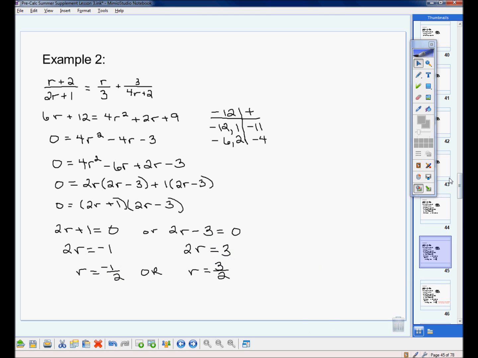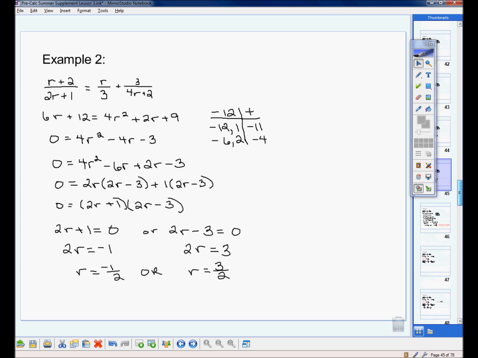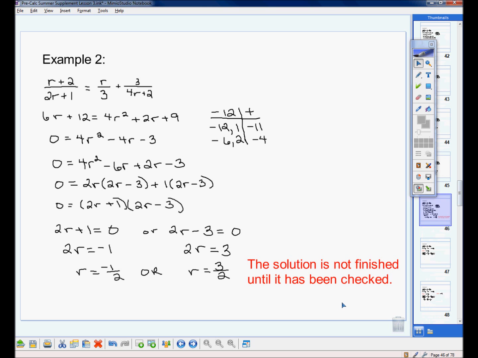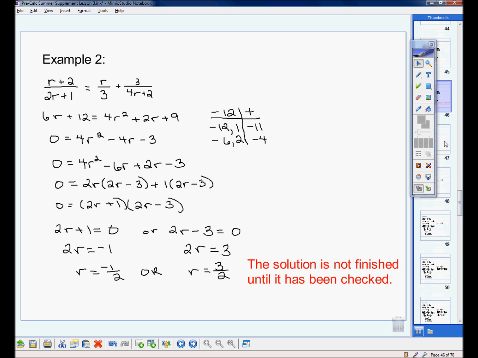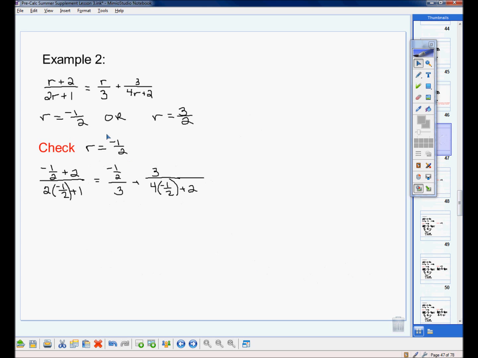We have two possible answers, but we know that we are not done until it's been checked. So we need to go back and begin to check these answers. So what we're going to do here is check r equals negative 1/2 first and plug it into all the places.